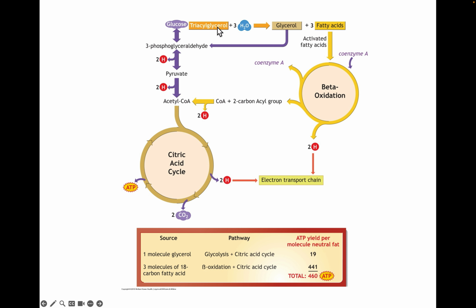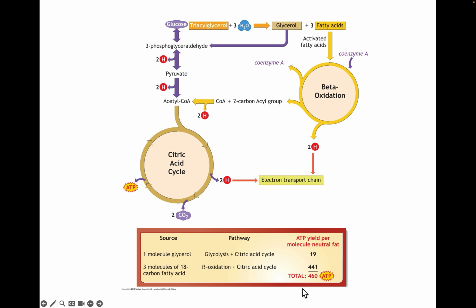The glycerol is used through glycolysis to create even more ATP. And the 3 fatty acids will go through beta oxidation, essentially a bunch of different cycles through these 3 fatty acids to create even more ATP. We produce a ton more ATP in the long run by breaking down fats compared to breaking down carbohydrates.